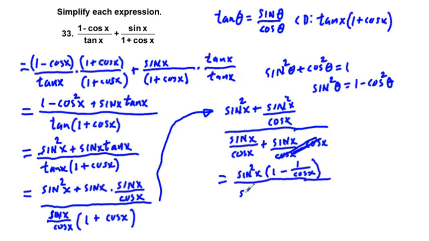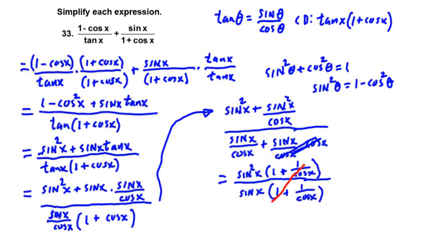So we have sine x times 1 plus 1 over cosine x. Well, 1 over cosine x is secant x, but we don't even need to simplify that because we have one thing over the other canceled to equal 1.